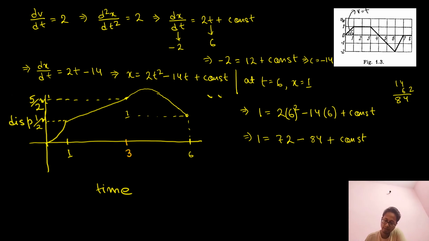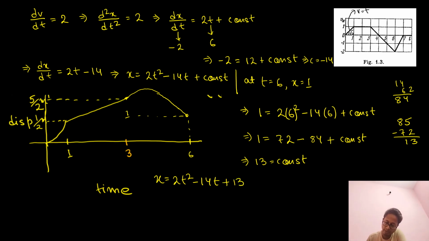The value of the constant is 85 minus 72, which is 13, or 30. So if I rewrite the equation, x is equal to 2t squared minus 14t plus 30.